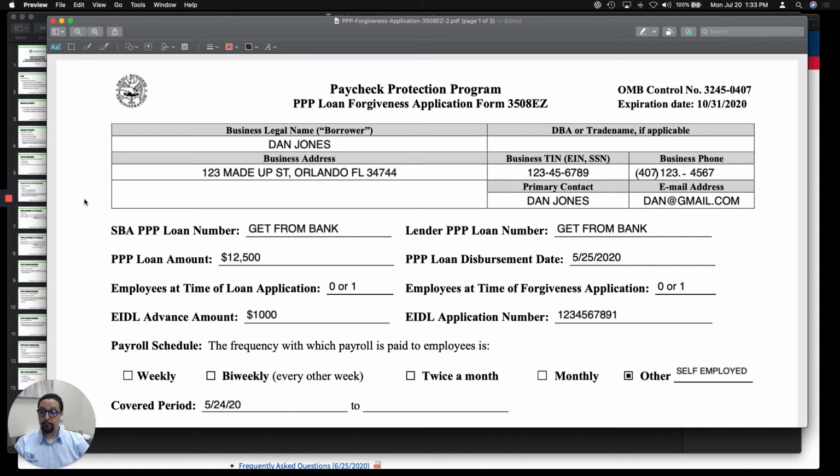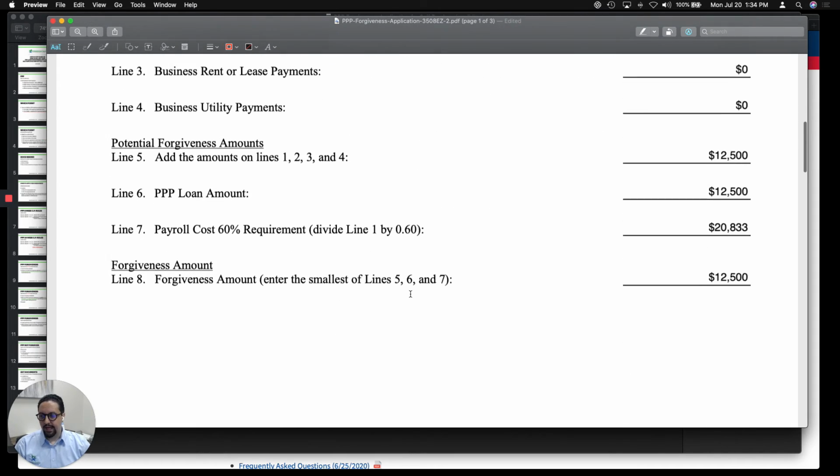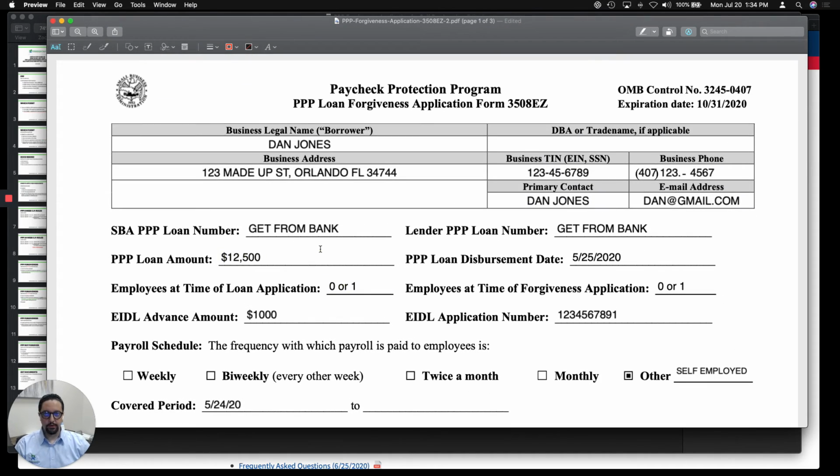But it is good practice to download this document, fill it out, and then start your online application with your bank if they have it online, because they're going to ask for the same information that we're going to fill out here. Okay, so let's go to the application.